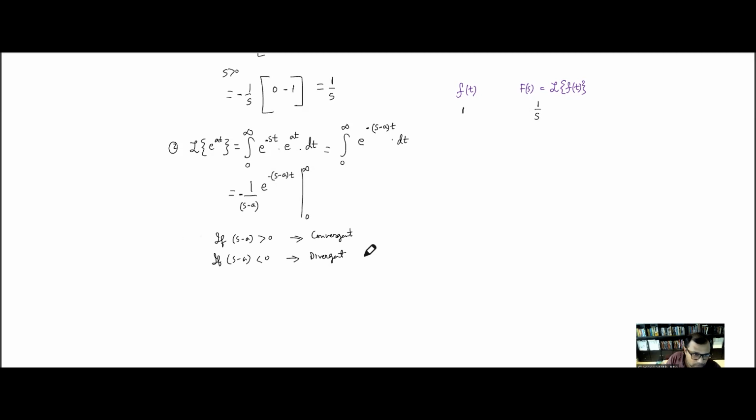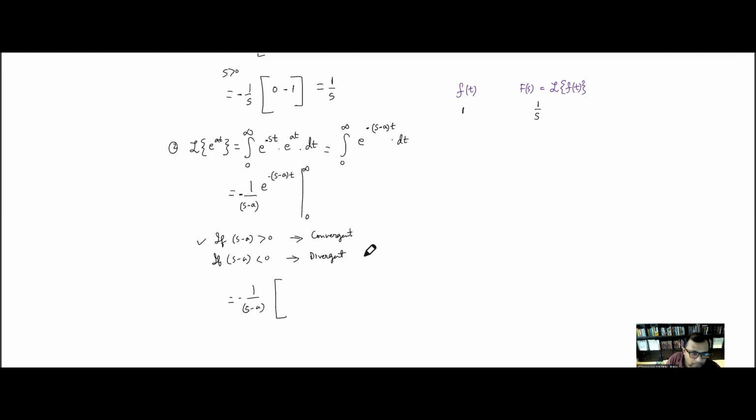Okay. So in the case when s minus a is greater than 0, let's see what the solution is. Let's take 1 by s minus a outside of the bracket. Then this becomes 1 by e to the power t.